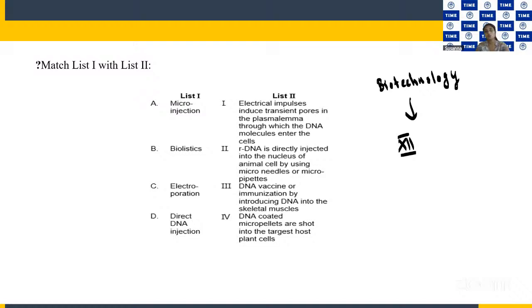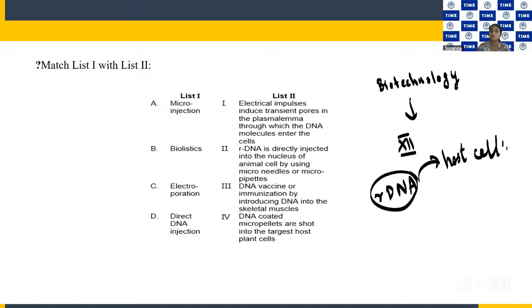So these are some of the techniques of introducing our recombinant DNA, or rDNA, which we'll be dealing with in the biotechnology chapter, into the host cell. These are the ways by which we can introduce our DNA into the host cell.